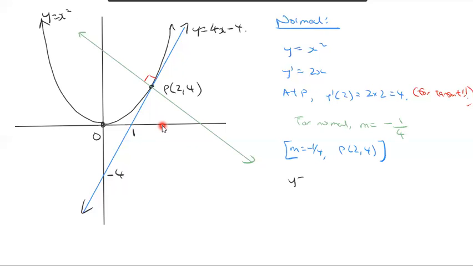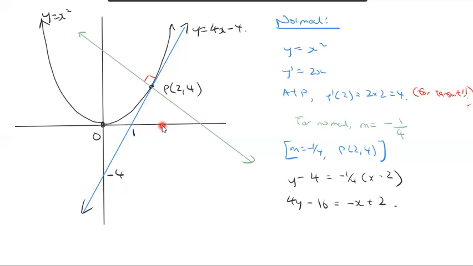I'll just use y minus y1. Or is it showing up? I guess it showed up. All right, so that means then, just multiply everything by 4.